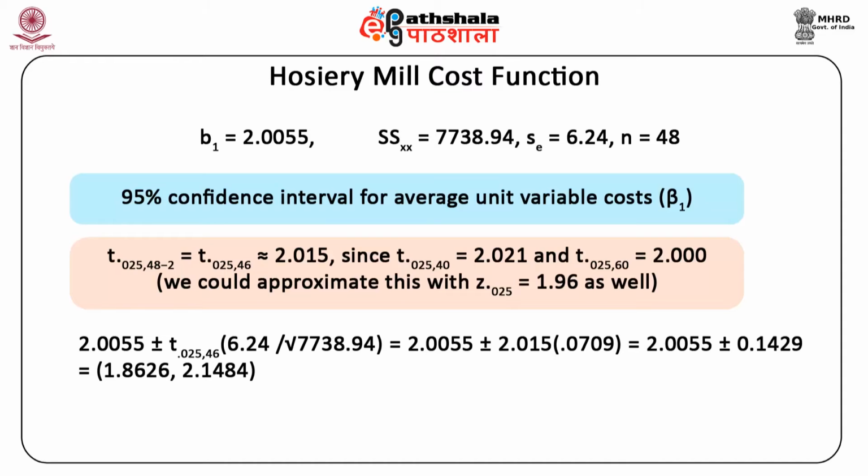This is the incremental cost of increasing production by 1 unit, assuming that the production process is in place. So similarly, we can define it for coefficient beta 2 as we have done now in the present case for beta 1, which was estimated by B1.